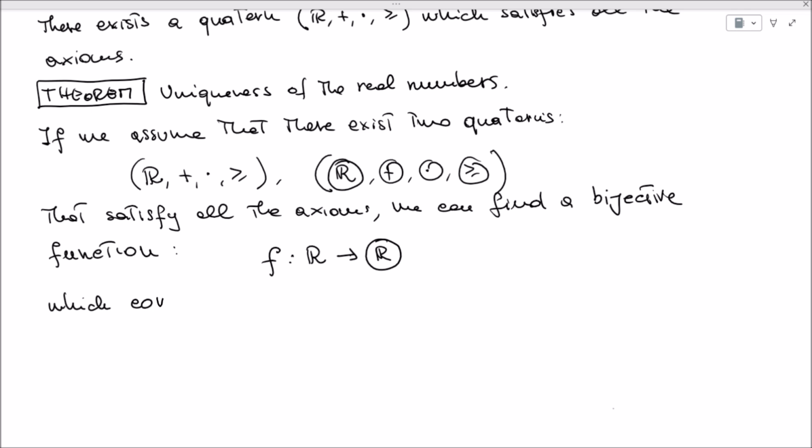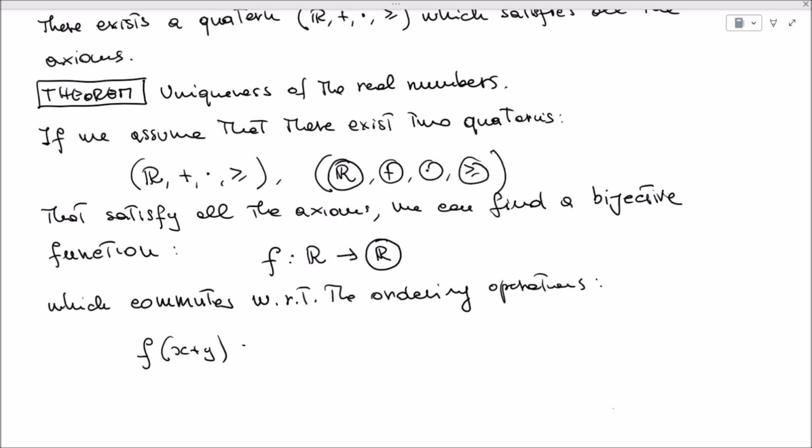which commutes with respect to the ordering and operations, which in other terms means that if we have f of x plus y, this would be just equal to f of x plus f of y.